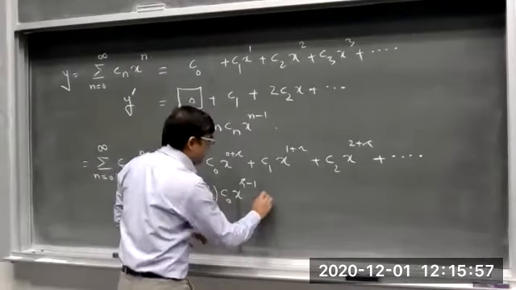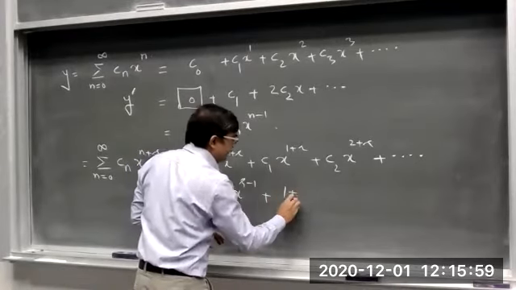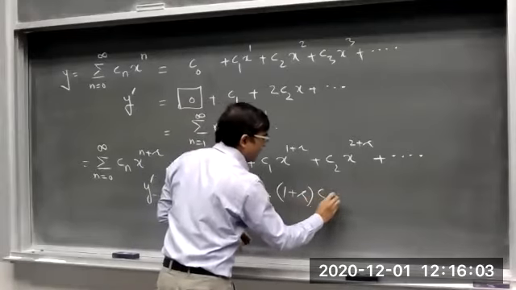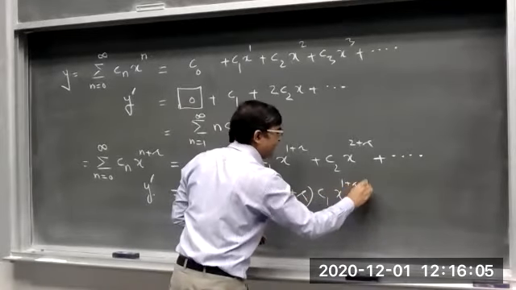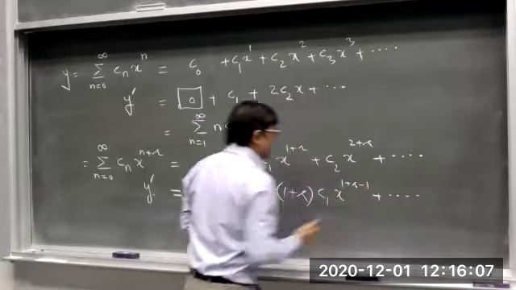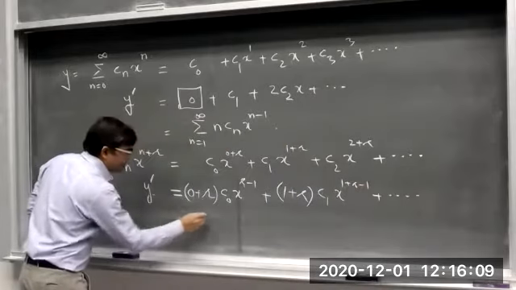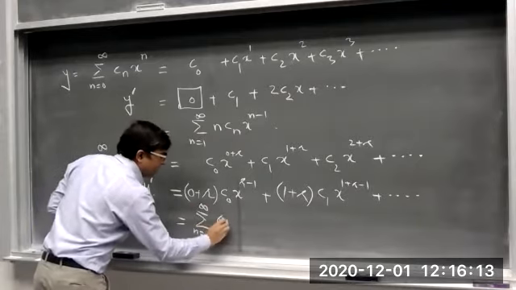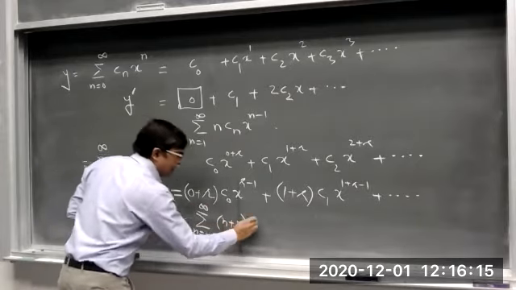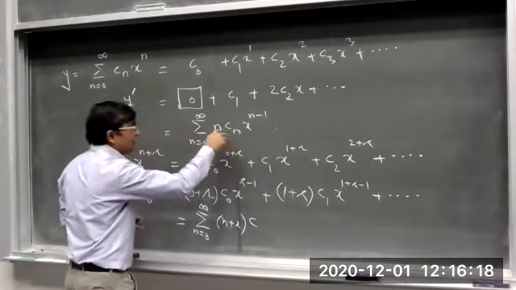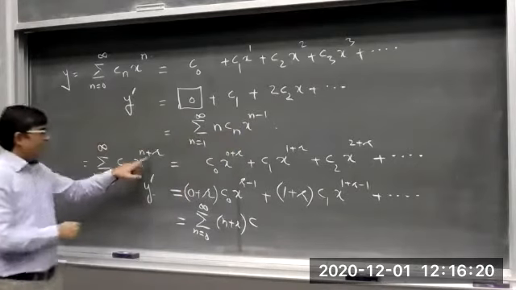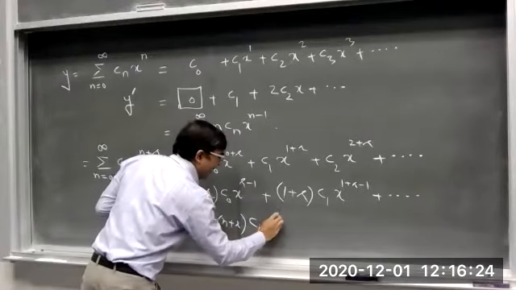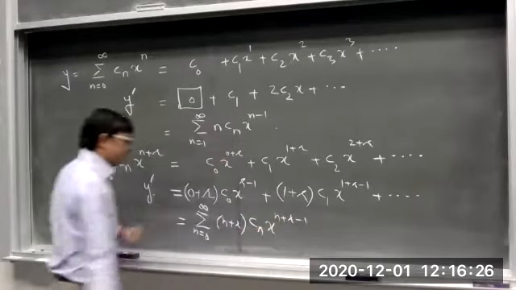So you can take the derivative of these terms as well. Its derivative: 1 plus r comes down, c1 x power 1 plus r minus 1, and so on. So its derivative becomes summation n from 0 to infinity, n plus r comes down, cn x power n plus r minus 1.